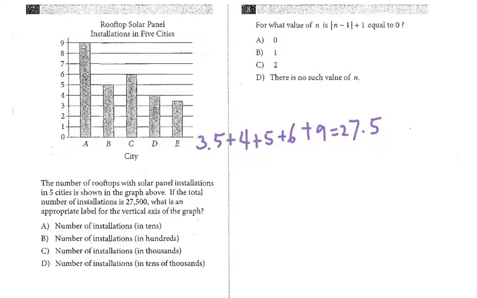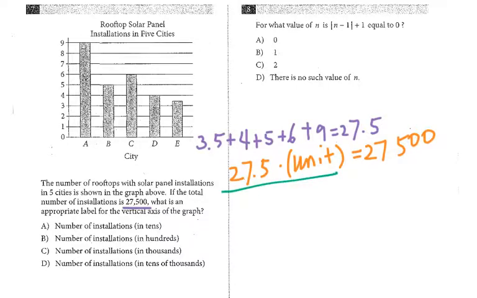For number 7, we add all this together and you will get 27.5. Then we know the total number should be 27,500. That means 27.5 multiplied by that unit, the scale on the y-axis, should equal 27,500.